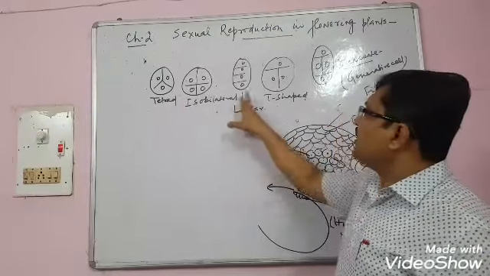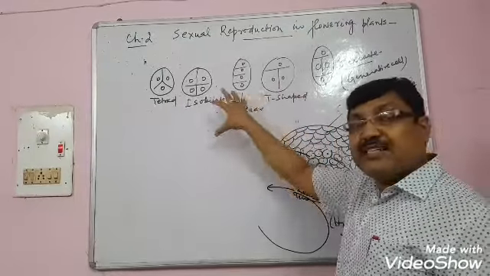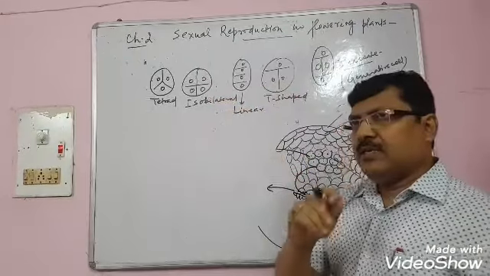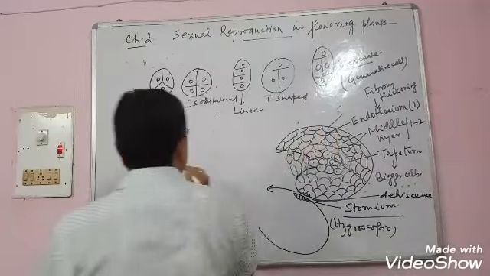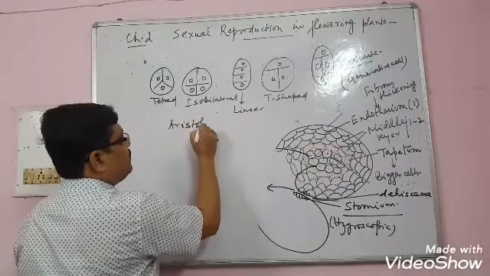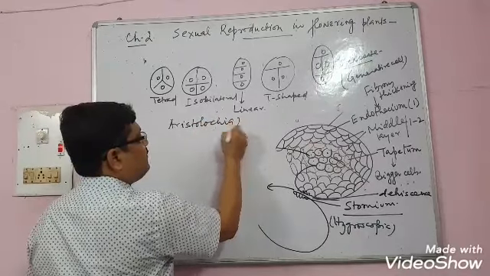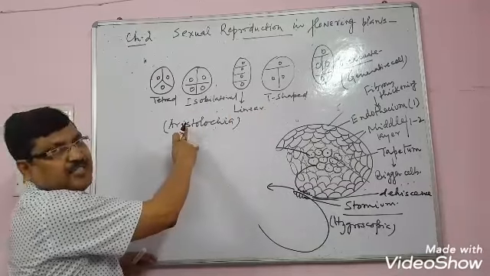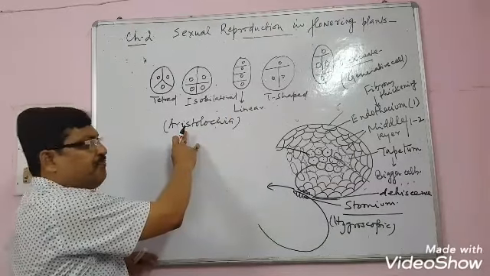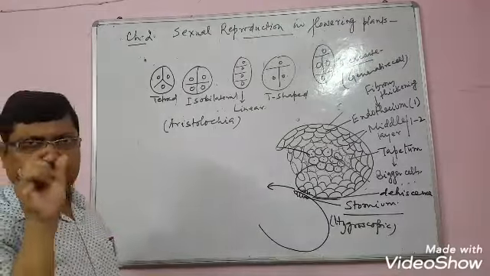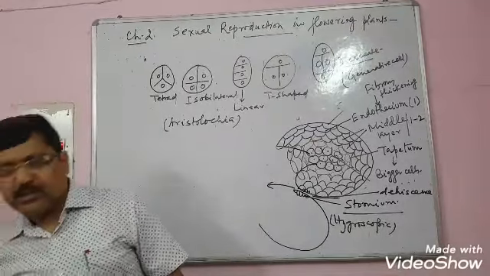So these are the different positions and shapes of the pollen grains. And in a plant, Aristolochia, fortunately all 5 positions are present. Okay, now we will take the structure of pollen grain.